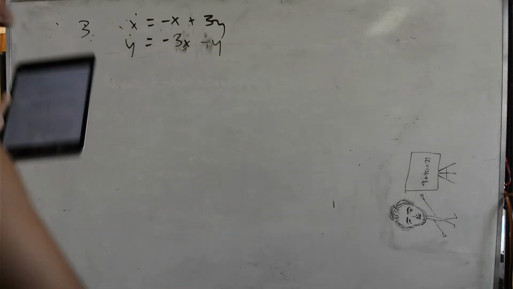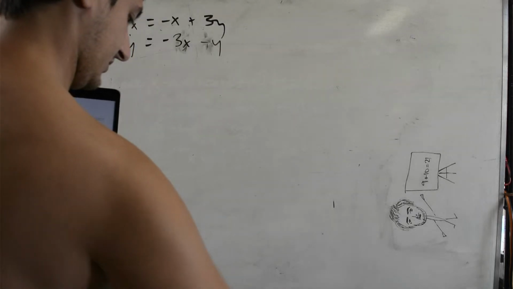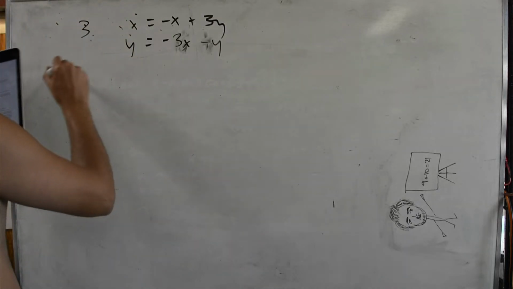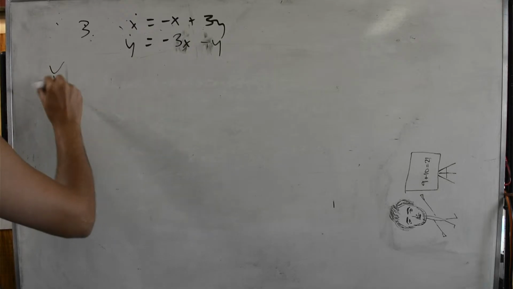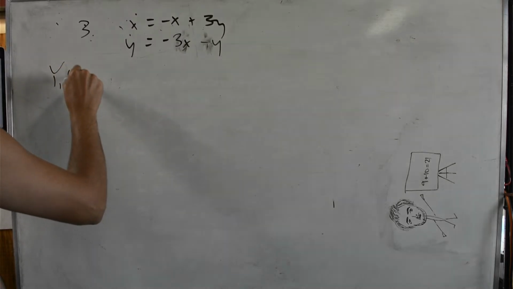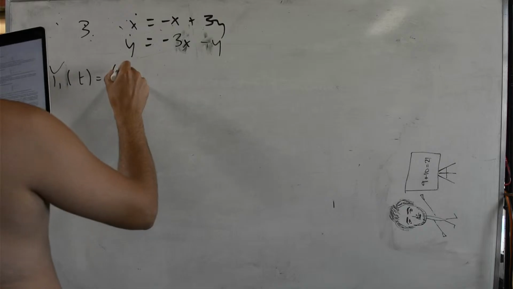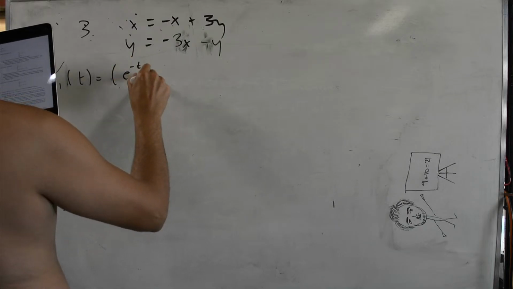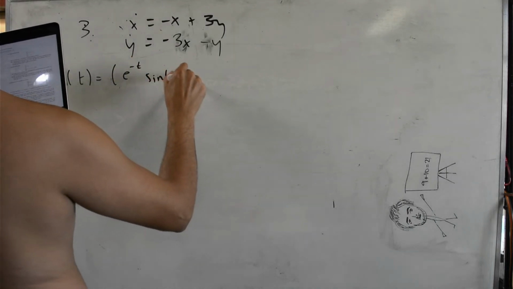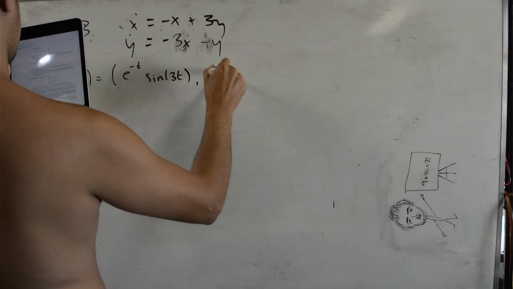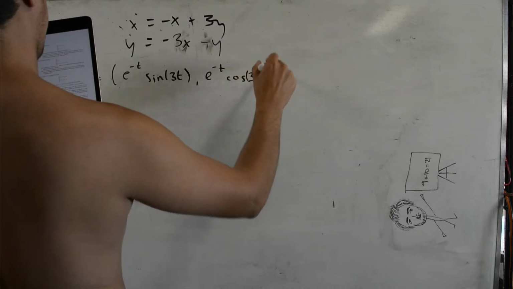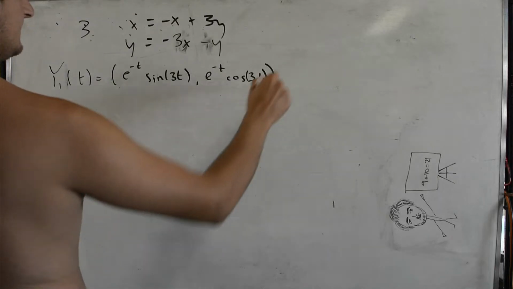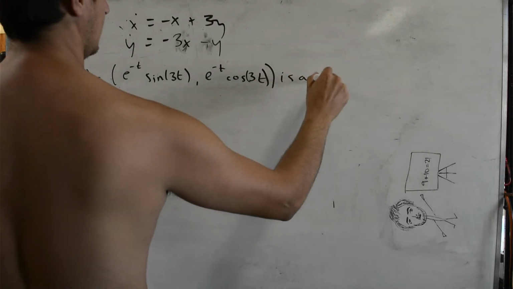Okay, so in this case, the question says, verify that y1 of t is equal to e to the minus t sine 3t, e to the minus t cos 3t is a solution. All right, we can do that.